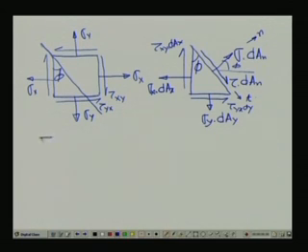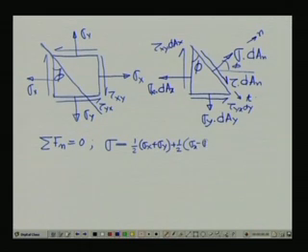So if we consider the force balance, that means the sum of forces in the normal direction equals 0, just doing a little bit of algebra, the value of sigma comes out to be half of sigma x plus sigma y, plus half of sigma x minus sigma y into cos 2 phi, minus tau xy sin 2 phi.